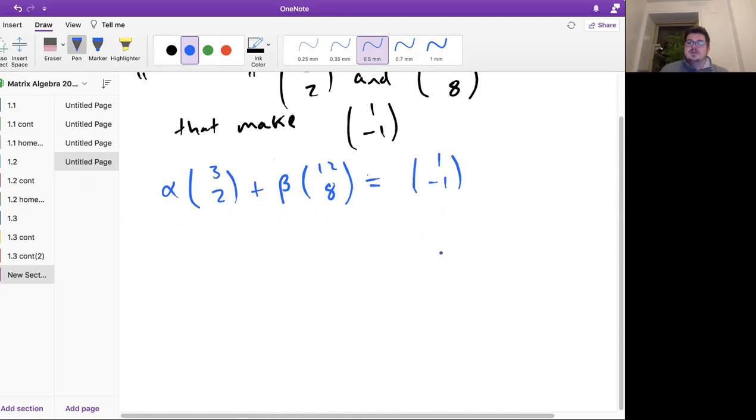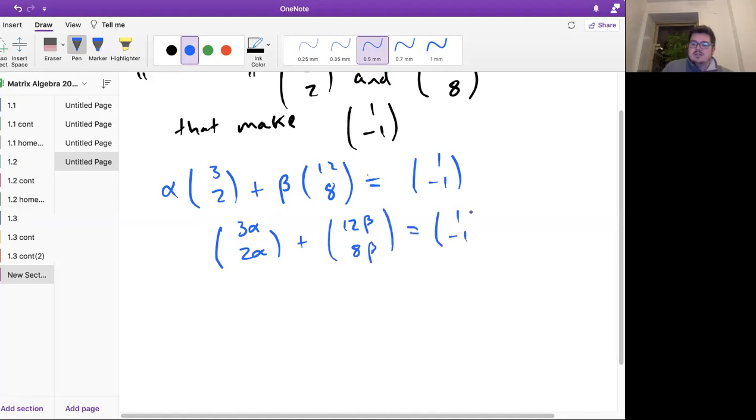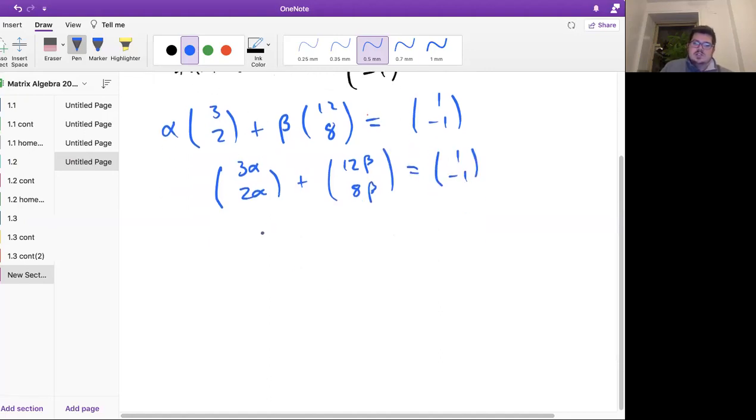Okay, so let's go through the process that we did for the other ones. This is 3 alpha, 2 alpha, plus 12 beta, 8 beta. And yes, you could see that there is a quick way to get to the matrix, but this is the reason why you can even form a matrix.